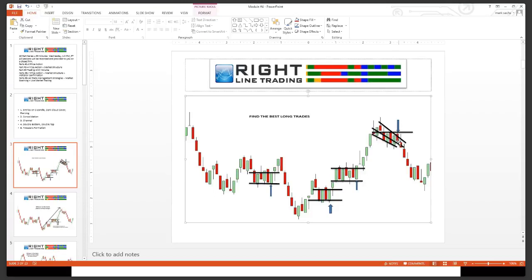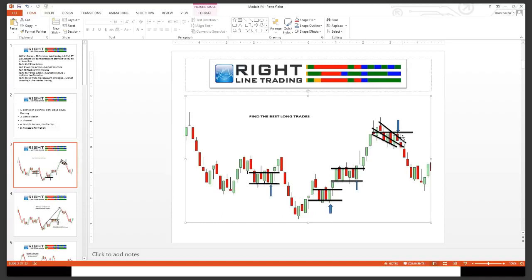This is a very powerful setup, and it shows you that the power of the bears as this candle formation moves across the chart is increasing, and the power of the bulls is weakening. You're getting sequential lower lows, sequential lower highs. This equal high is what creates the falling triangle within the falling trend.